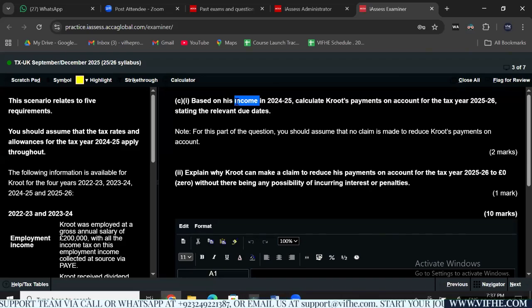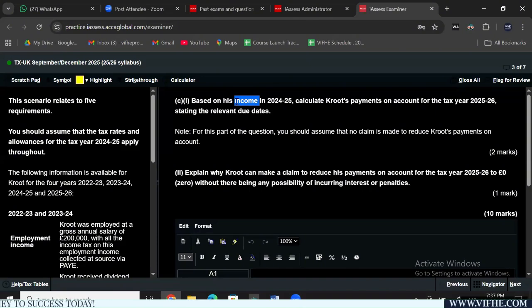So for instance, if any student calculates NIC as well for the previous tax year, he would end up wasting 2 minutes additionally, but that would not mean that he will not be given the marks, because this is quite a confusing line.